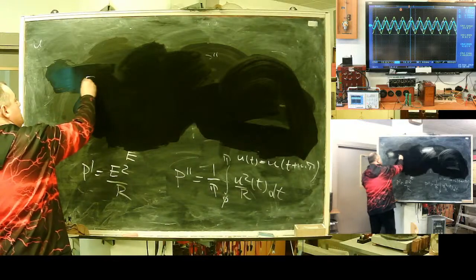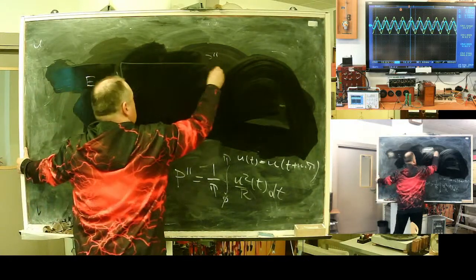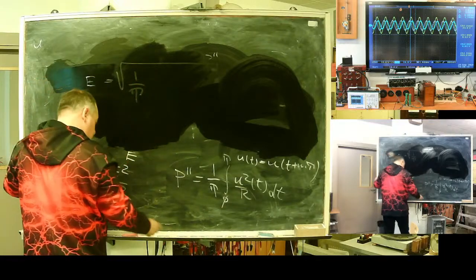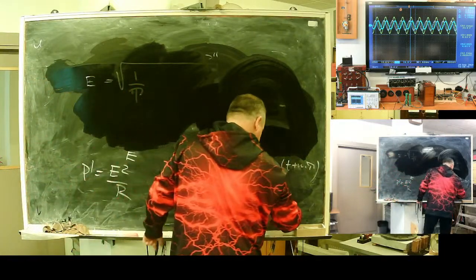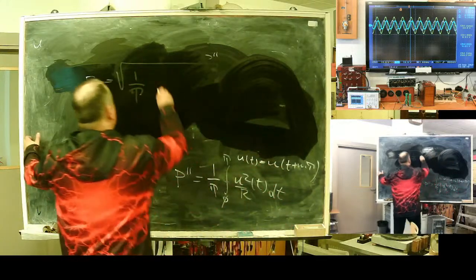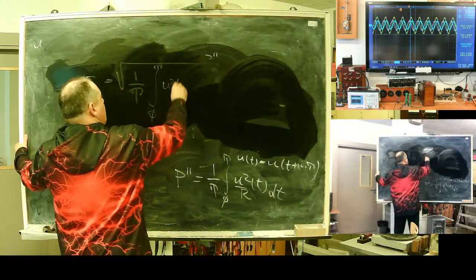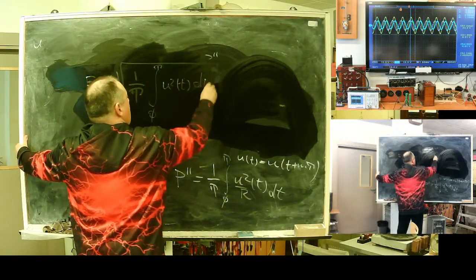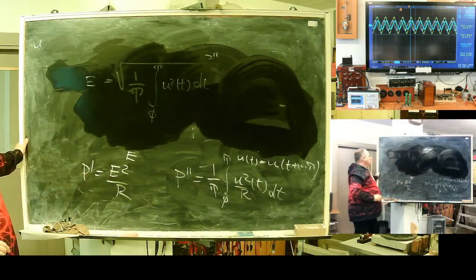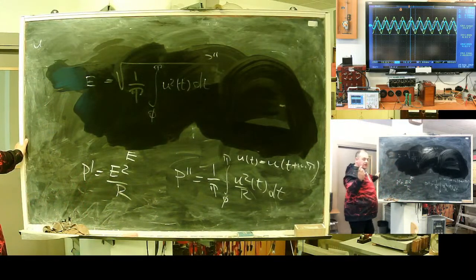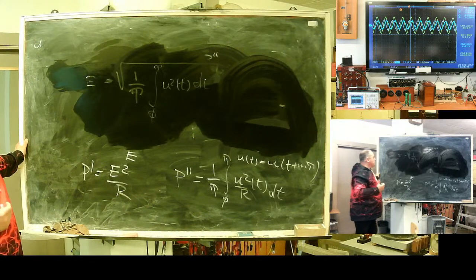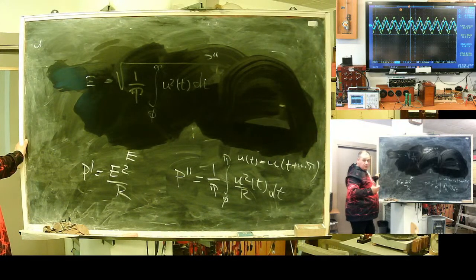So this equivalent E will be the square root of 1 divided by the repetition period, integrating from 0 to the period, u squared dt. So it's a DC voltage producing as much energy as this AC source. It's called effective value or RMS, root mean square.